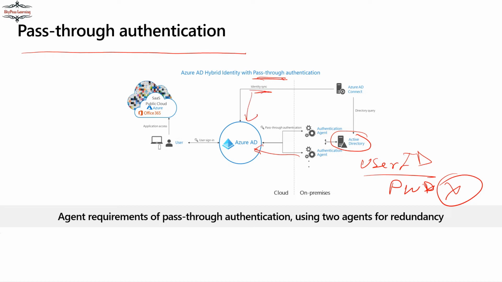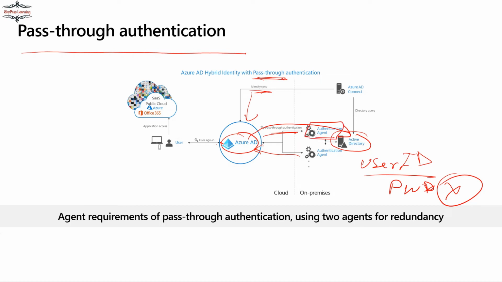Now once the user is trying to sign in, Azure AD passes the authentication request to the on-premises Active Directory. You can see this is the pass-through. How does it recognize where your domain controller or the Active Directory service is running? For that, it holds an agent.